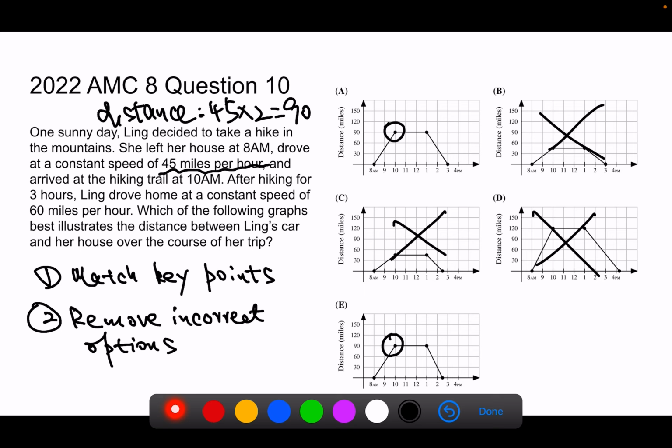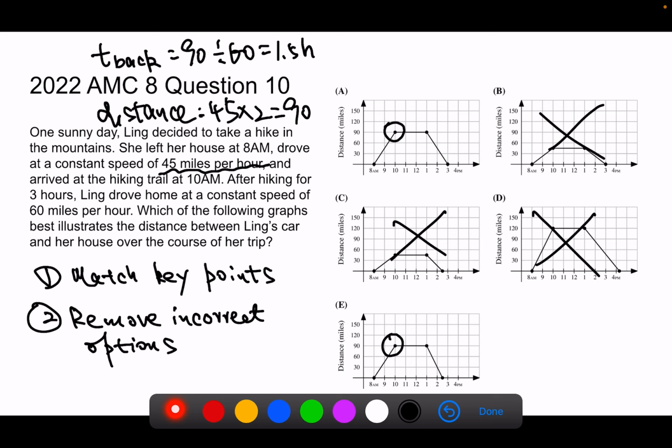Now let's look at the second part. They both take a break for 3 hours for the car. Now, Lynn is coming back. The distance is still 90, but her speed becomes 60 miles per hour. So the time to be back is going to be 90 divided by 60, which is 1.5 hours.